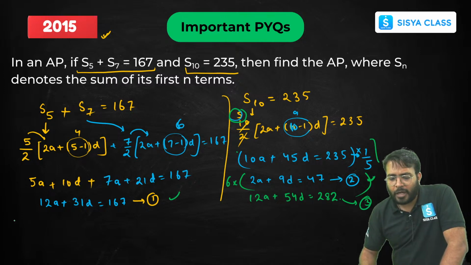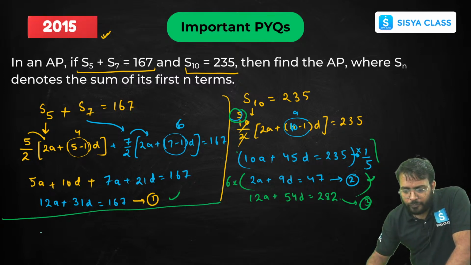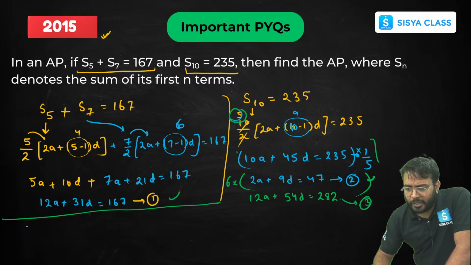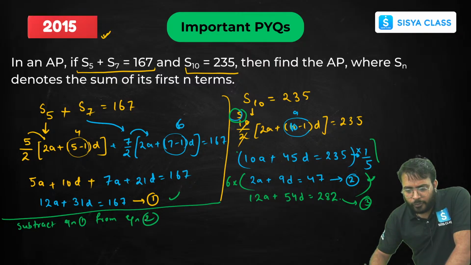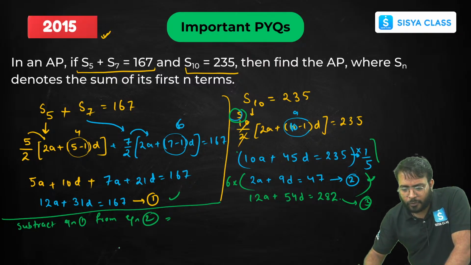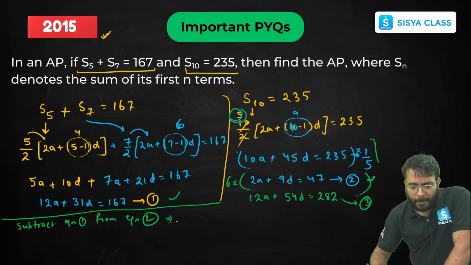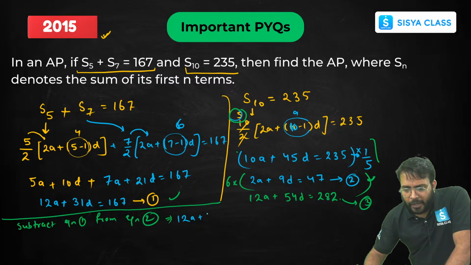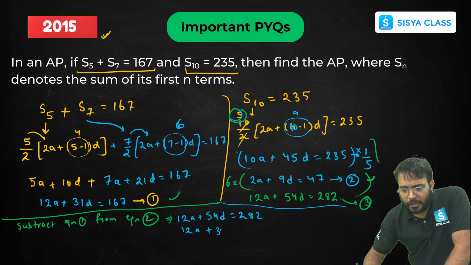What I will do now is subtract equation 1 from equation 2. I don't have space here, so here I am writing 12a plus 54d is equal to 282, and here I am having 12a plus 31d is equal to 167.